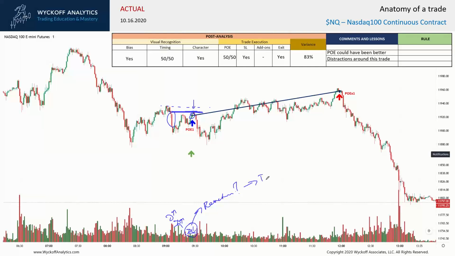To probably a test of the previous reaction that also had an increase of the supply. So it's the supply that we're testing. And then obviously if you would wait, then probably somewhere here in this area, this will be still a short-term bullish read and also a much better point of entry.